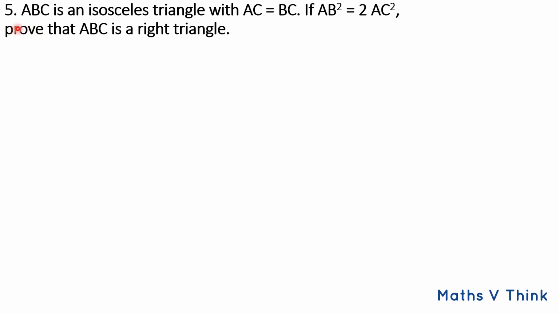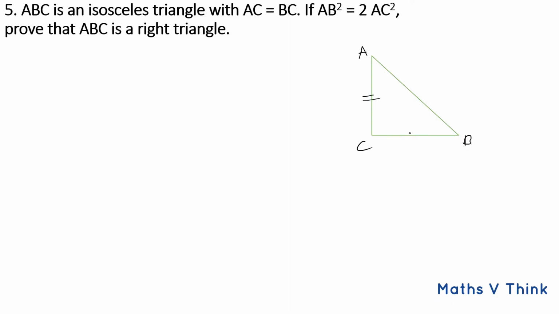The fifth question says ABC is an isosceles triangle with AC is equal to BC, and if AB square is equal to 2AC square, prove that triangle ABC is a right triangle. So first we need to draw an isosceles triangle. They gave AC is equal to BC.